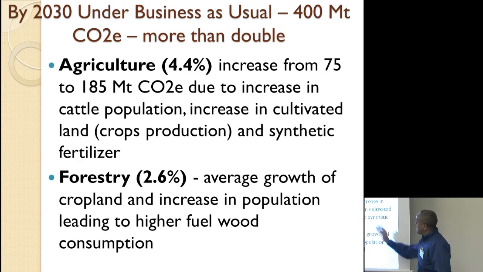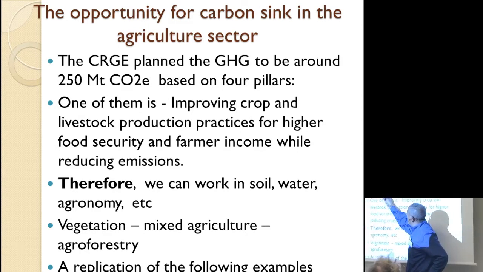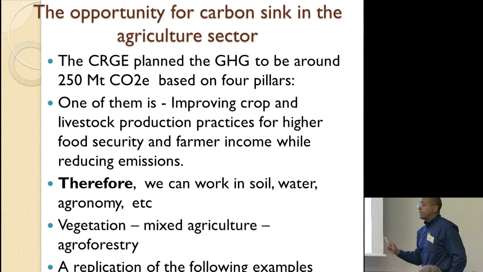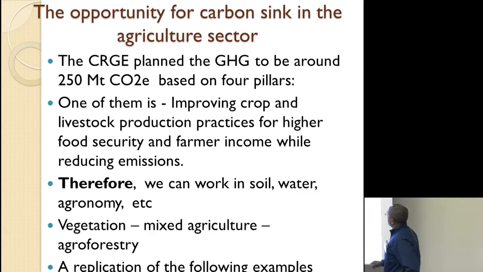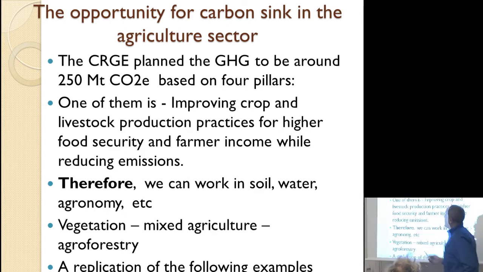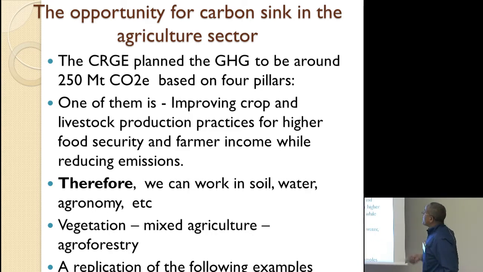However, there is the CRGE, Climate Resilient Green Economy, set by the Ethiopian government to reduce this from 400 to 250 metric tons in 2030, with its 4 pillars.